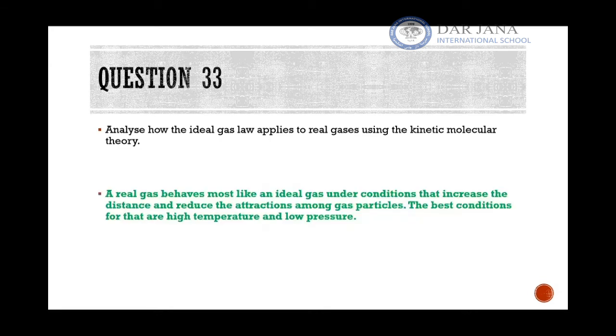So a real gas behaves most like an ideal gas under conditions that increase the distance and reduce the attraction among gas particles. And the best conditions for that are high temperature and low pressure.